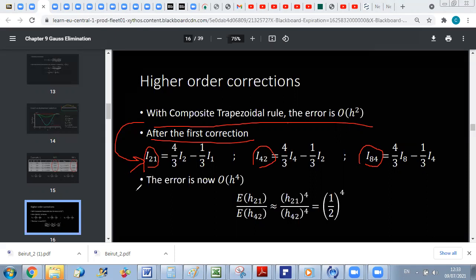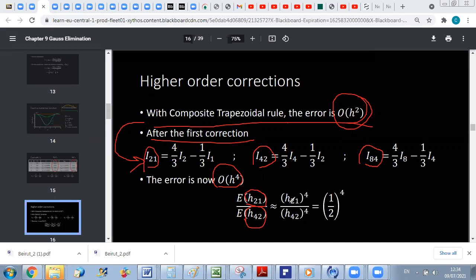So when you did it the first time, by gaining 2 orders of accuracy, you moved from an error of order h squared to an error of order h to the power 4. This is why we said that you can expect the error using the virtual step size h21 over the error using the virtual step size h42 to be equal to h21 over h42, the whole term to the power 4.